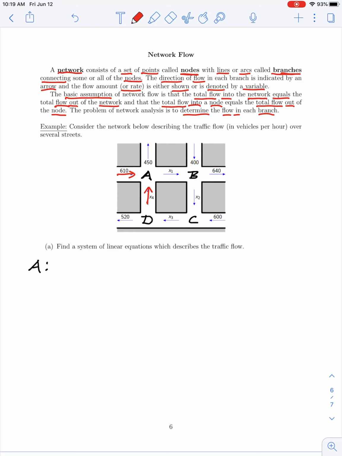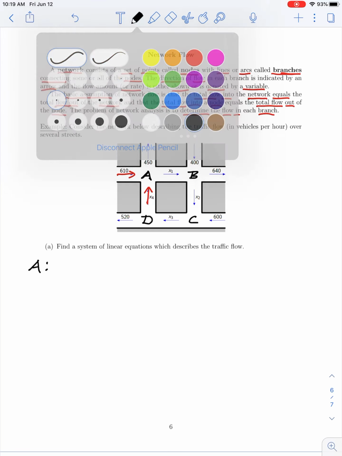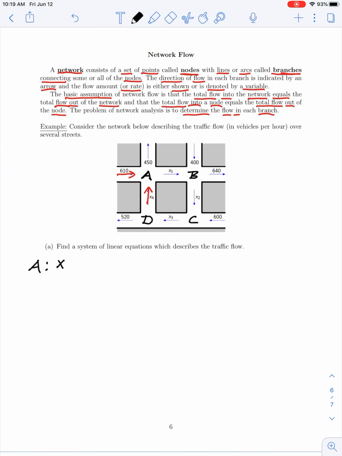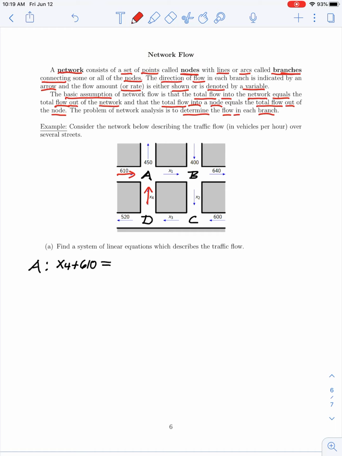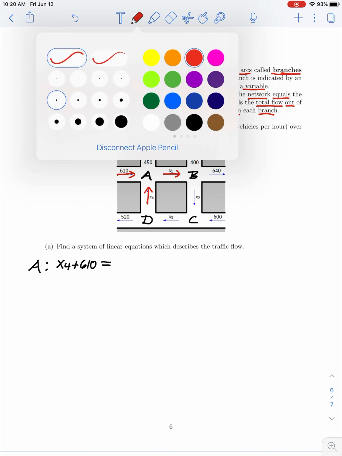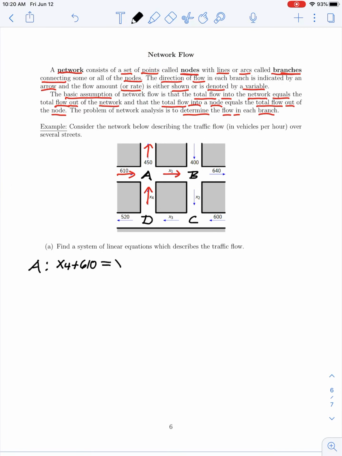These would be vehicles per hour coming into node A. So that flow in, x4 plus 610, has to equal the flow out. So looking at the flow out from node A, well, we have x1 plus 450 vehicles per hour moving outward from node A. So here we have x1 plus 450 as our flow out. It must equal the flow in.